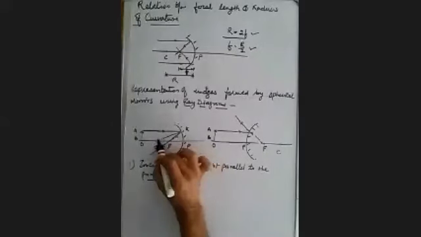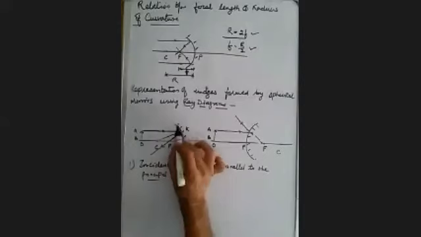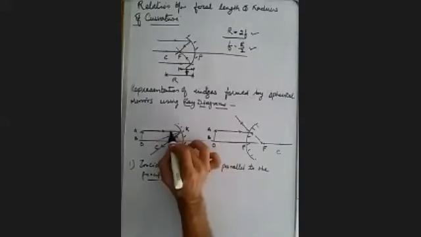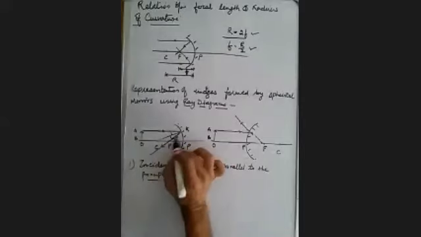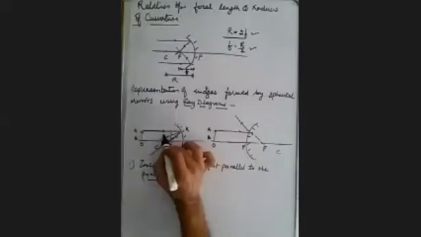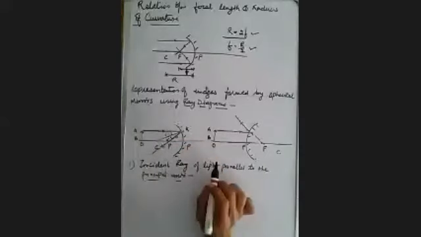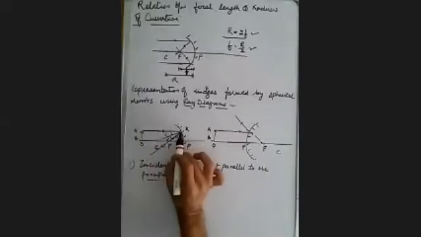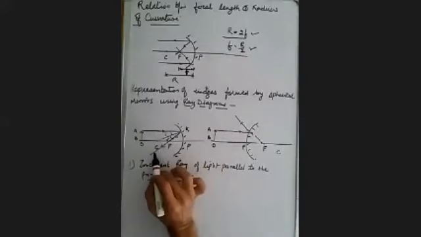When you connect this, CK becomes the normal to the spherical mirror at point K. This is the angle of incidence, between the incident ray and the normal, and this is the angle of reflection, between the reflected ray and the normal. The first law of reflection says that the angle of incidence is equal to the angle of reflection, and that is why this ray which is parallel to the principal axis always passes through the focus.